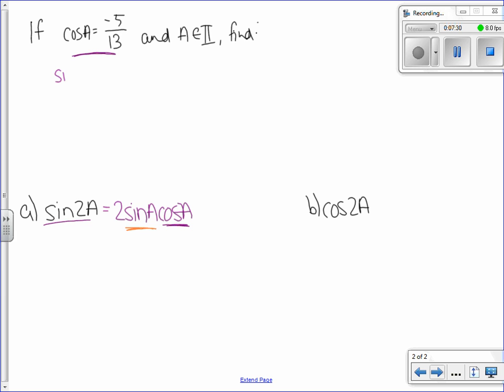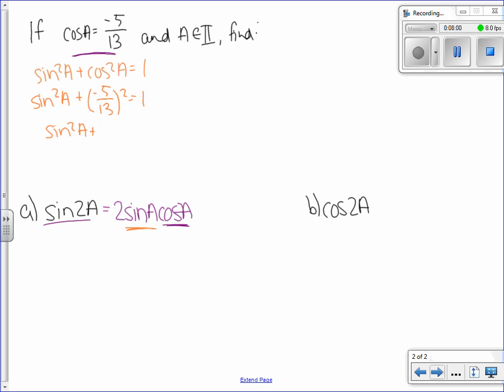All right, and that would be, oops, mixing up my colors. So that's going to be sine squared A plus cosine squared A is equal to 1. All right, I need to find sine of A. And you should show all of this work.